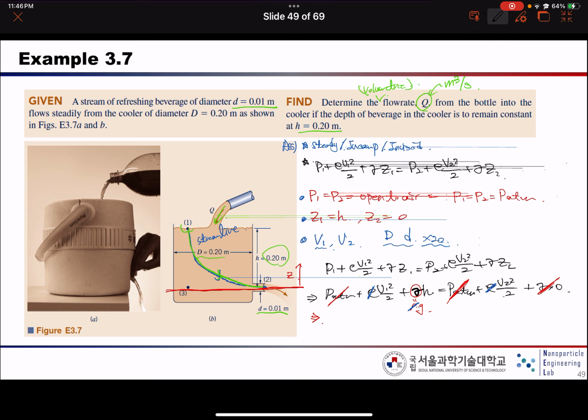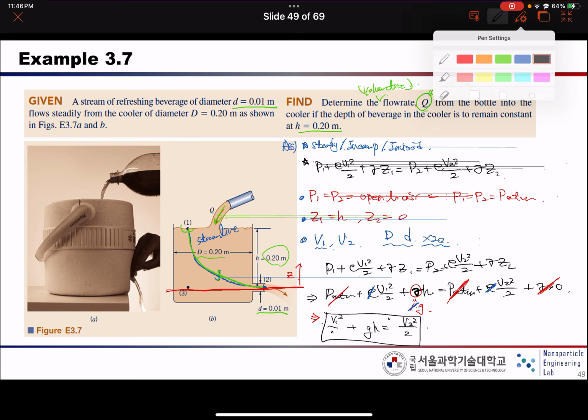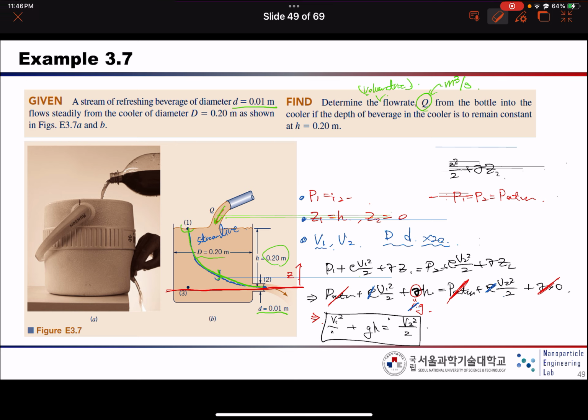So we can write V1 squared plus 2gh equal V2 squared. So we got this equation. Okay, let's erase the other information over here.